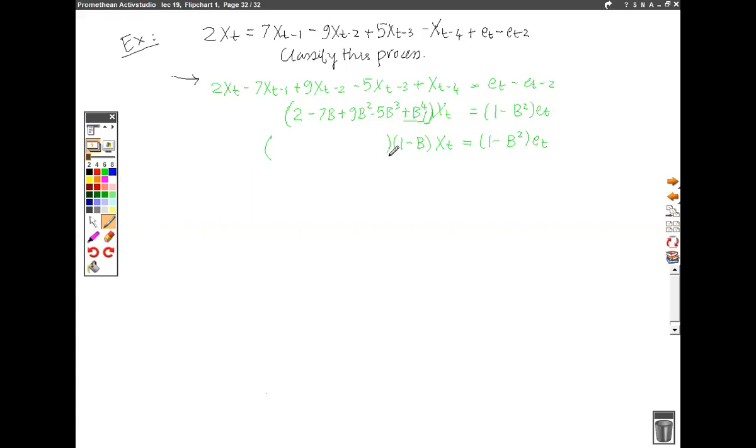So that was a very good observation. I know that the root is equal to 1. Therefore, my model is initially not stationary. So now I want you guys to divide this with this and tell me what I should get here as my quotient.